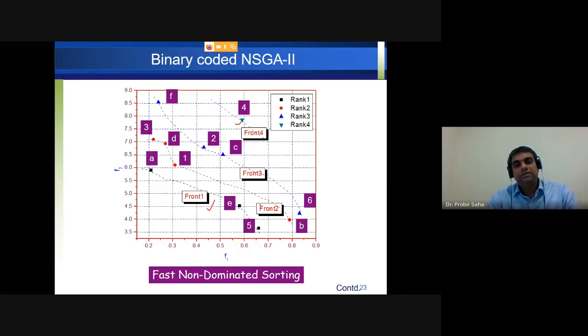But again, what is the interesting point is that A, E, and 5, you cannot compare these 3. See, this A is better with respect to F1. Maybe with respect to F2, it is not good. But F2, see, you have F1 bigger, but F2 is less.